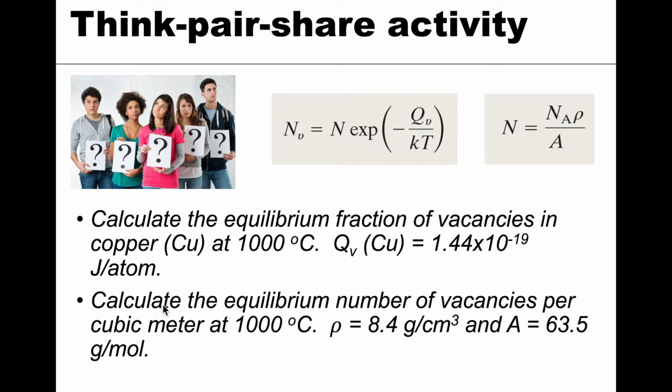And then for the second part, we're going to calculate the equilibrium number of vacancies per cubic meter at the same temperature, and I give you density of copper and atomic weight just so you don't have to hunt around for them. So just as always, go ahead and pause the video, go to the quiz. These questions will be there, and work through them. And then once you've got your answer, come back and we'll go through each of these parts as a worked example.